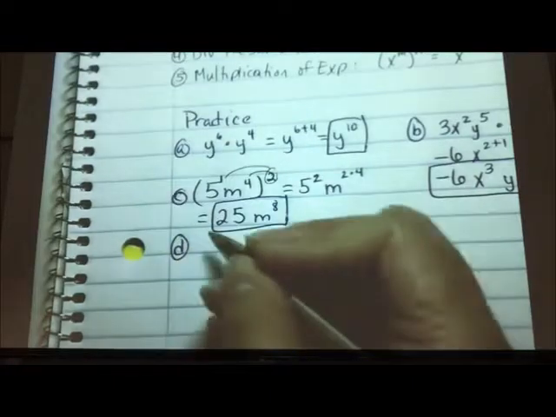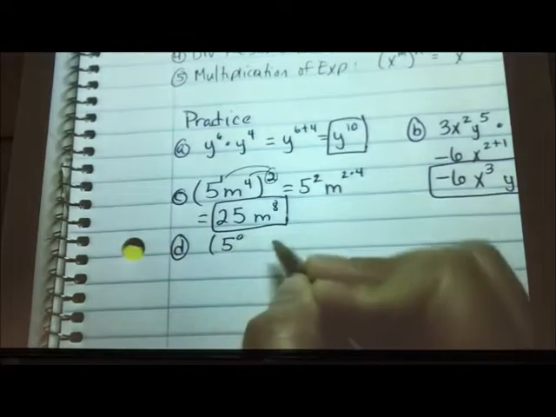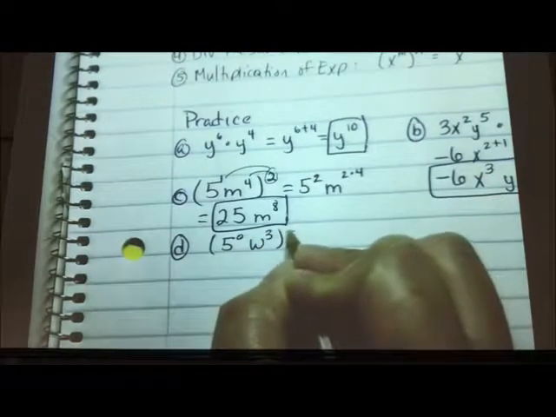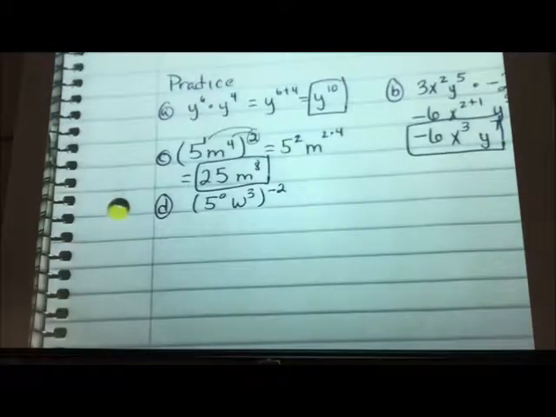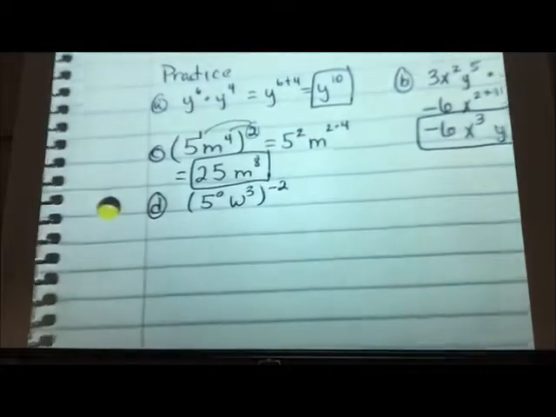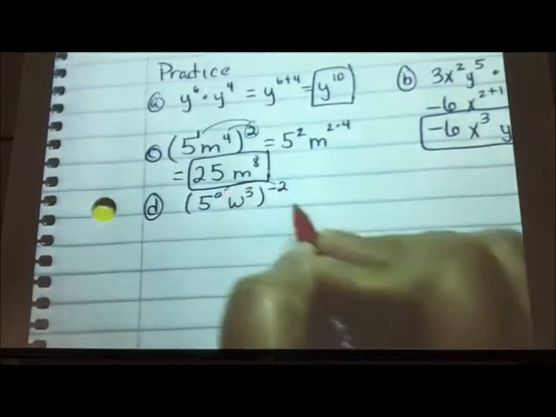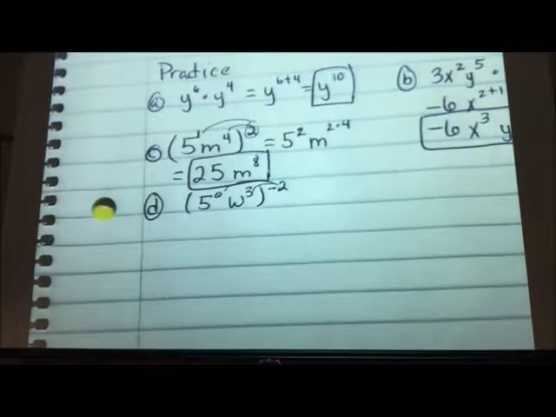Now let's look at this one. 5 to the 0 power, w to the 3rd, all to the negative 2nd. Now once again, the power outside belongs to everything inside. So it's 2 times 0 and 2 times a positive 3.